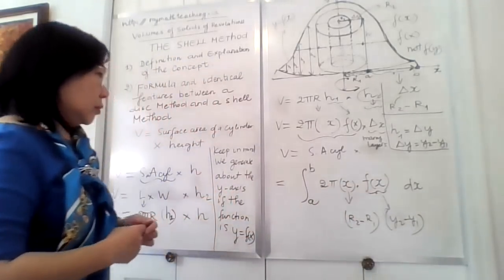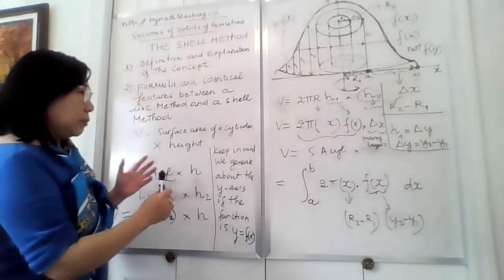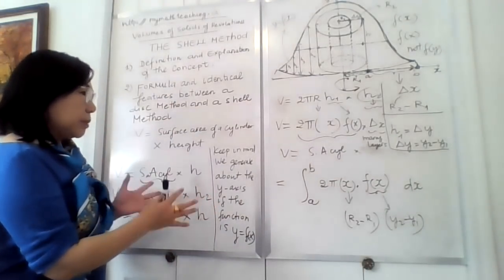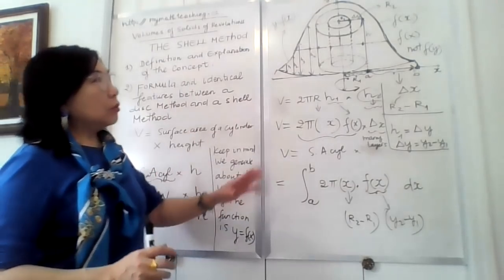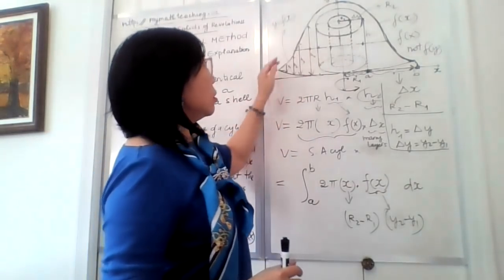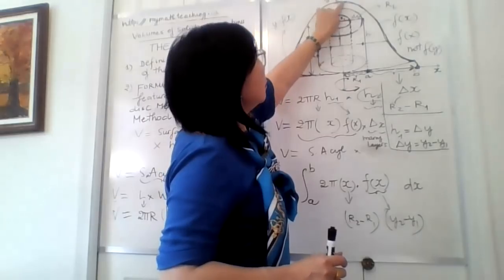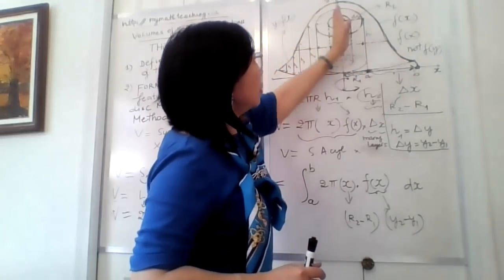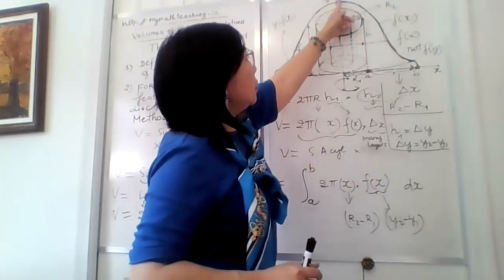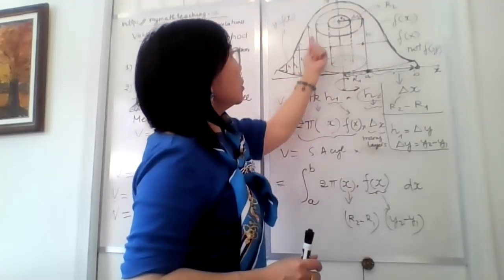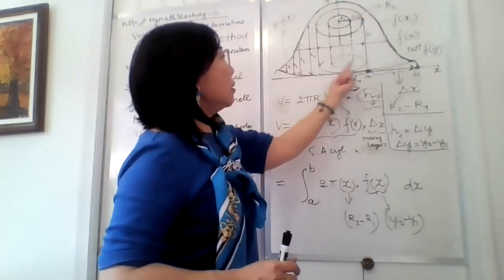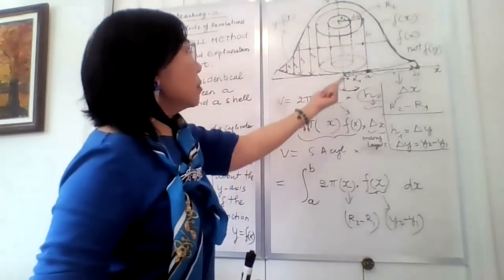So that's the understanding of this formula. So now I'm going to summarize, and I'm going to talk about what if we generate not just one function like this, all the way from here, right? Let's just look at half the function. This is generated by revolving along the y-axis, right?